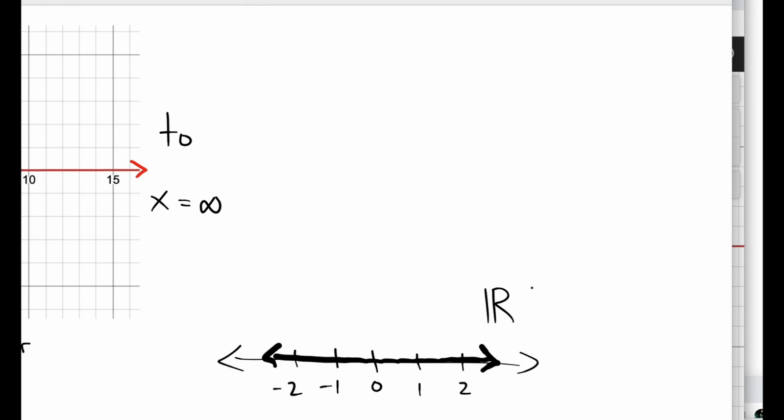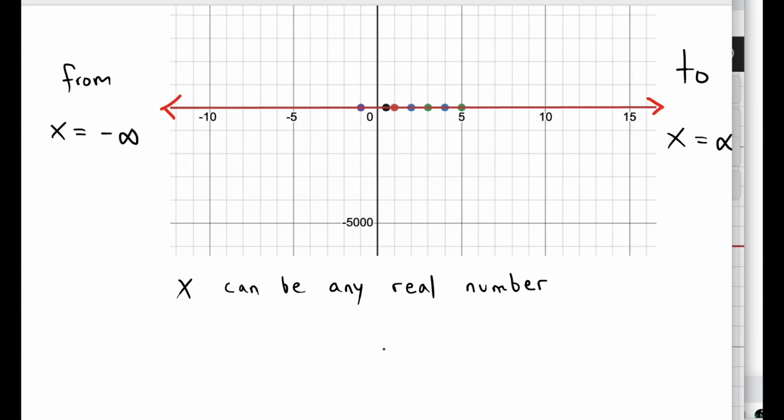That's the real numbers. You can also write it like this. X could be between negative infinity and infinity. This is called algebraic notation. Okay, so algebraic notation is using the inequality signs.